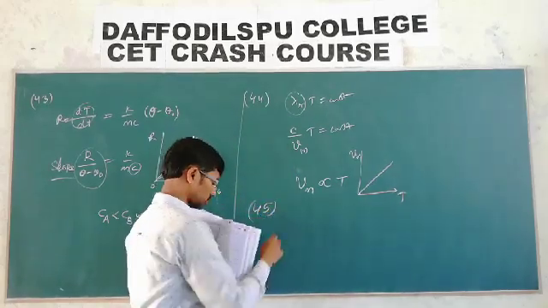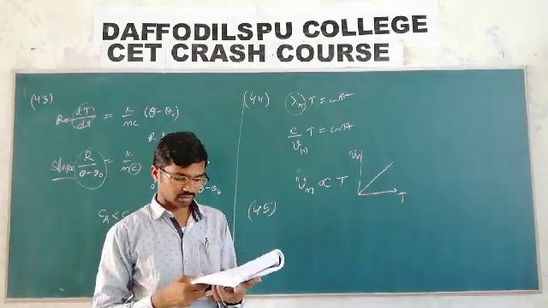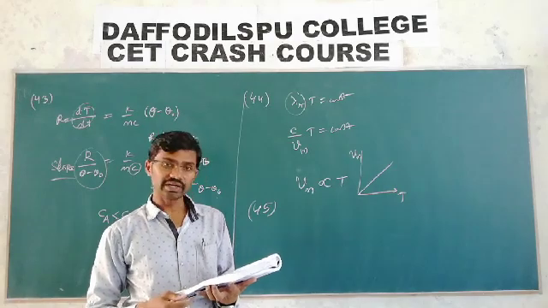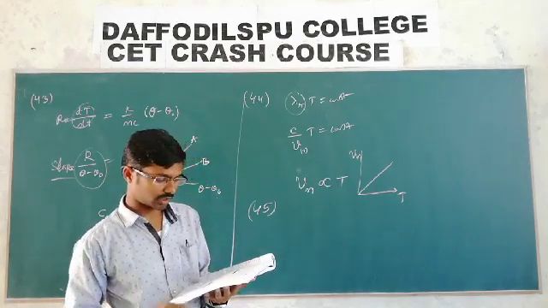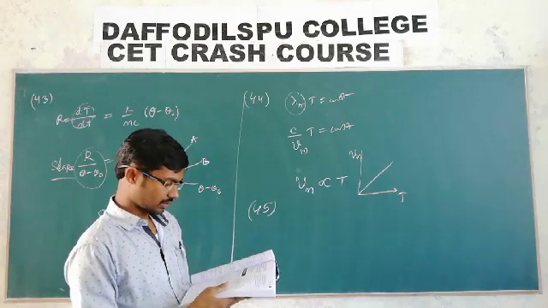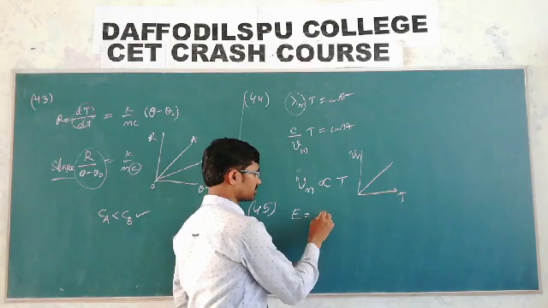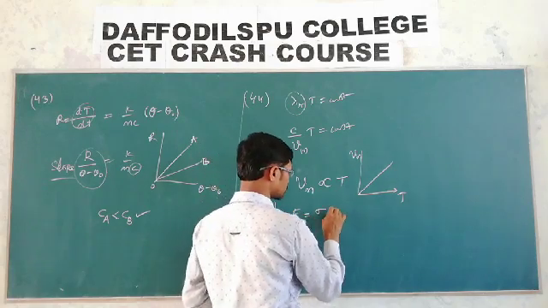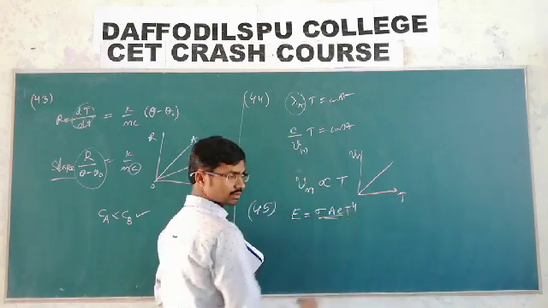45th one. Which of the following graphs correctly represents E, the amount of radiation emitted per second per unit area of a body, against the absolute temperature? We know the rate of transfer of heat, E is equal to sigma A e T power 4. So sigma A e remains constant.